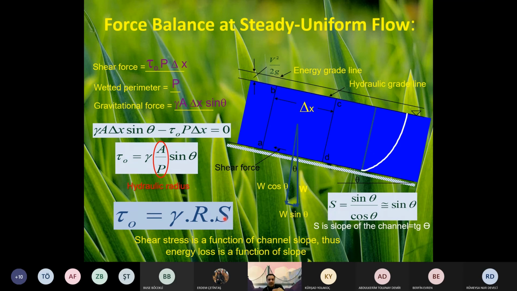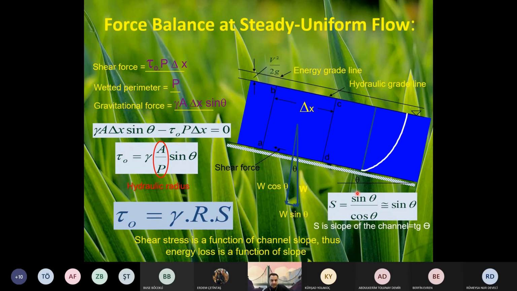If slope increases, tau increases, and tau is in a positive direction with shear force, we know it. When tau increases, shear force or friction force increases, and therefore energy decreases, and we will have energy loss.